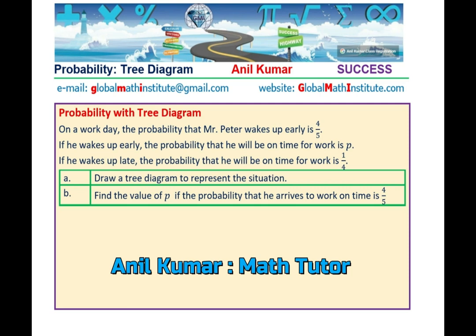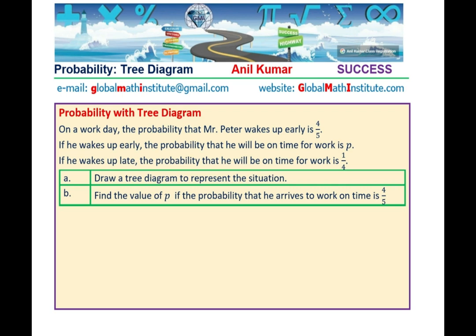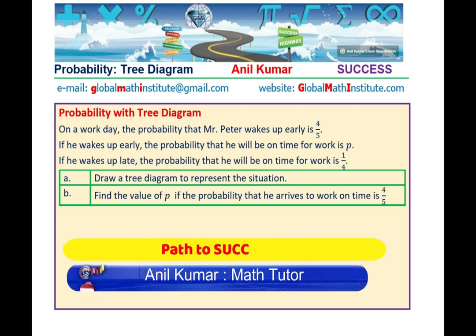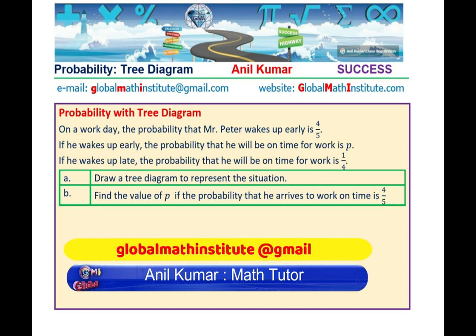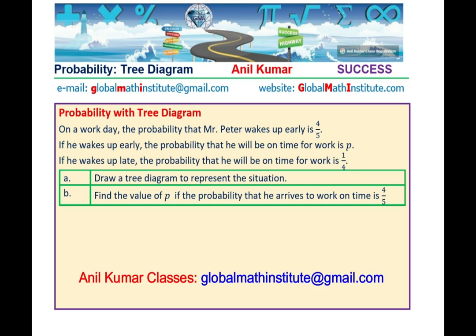If he wakes up early, the probability that he will be on time for work is P. If he wakes up late, the probability that he will be on time for work is 1 over 4. Draw a tree diagram to represent the situation. Find the value of P if the probability that he arrives at work on time is 4 over 5. You can always pause the video, answer the question, and then look into my suggestion.